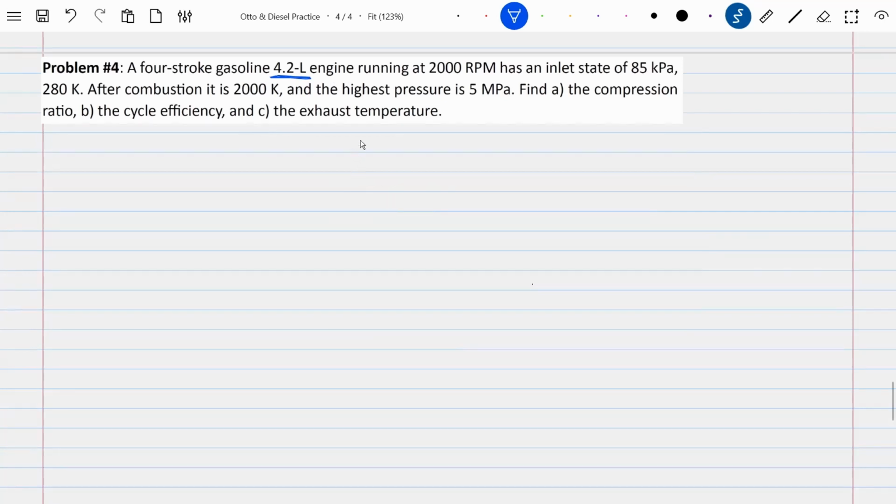It is the total displaced volume of the engine, meaning that if, for example, this is a 6-cylinder engine, each cylinder is 0.7 liters. 6 of them will give you 4.2.